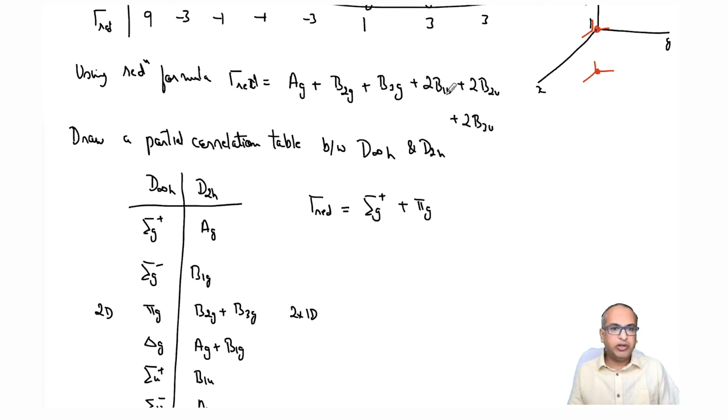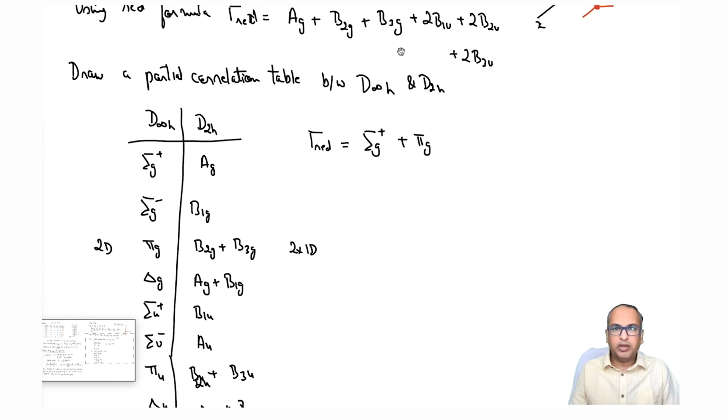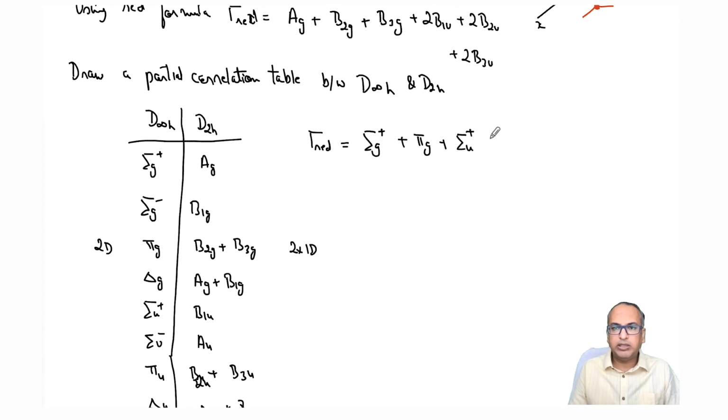Now 2B1u and 2B2u. So what do we have here? Two of these, B1u, B2u and B3u. So B1u corresponds to sigma u plus, and these are two of those, so we have two. Then we have two of B2u plus B3u, so B2u plus B3u gives you pi u, so we will write two pi u's, right?